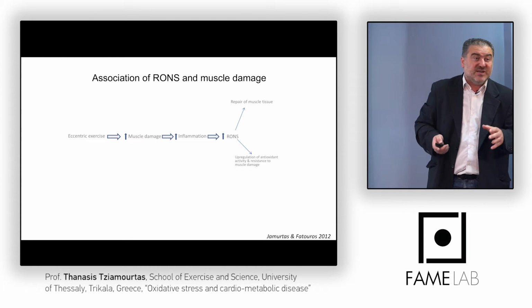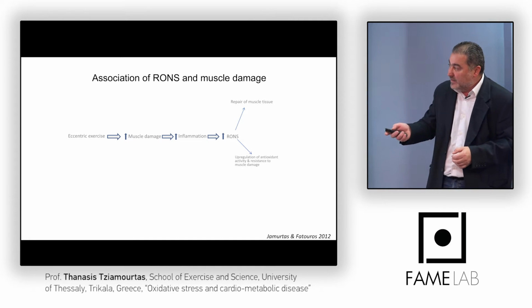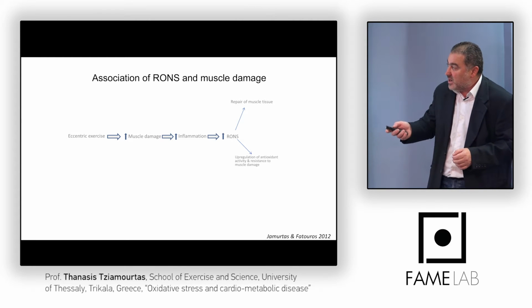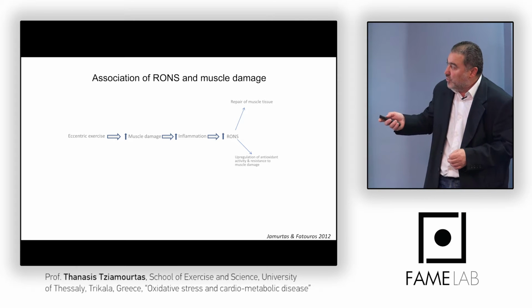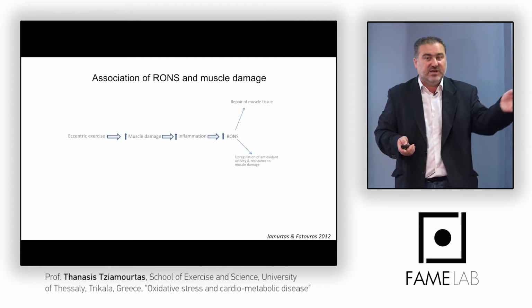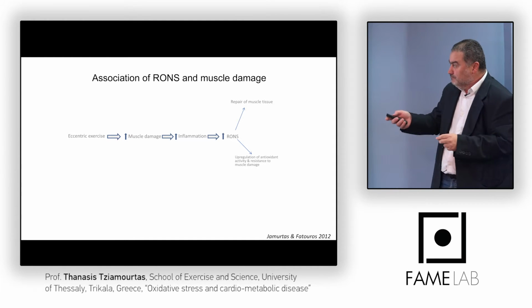So unaccustomed eccentric exercise can lead to increased muscle damage. Muscle damage is going to lead to increased inflammation. Inflammation is related to increased reactive oxygen and nitrogen species, as I said previously, that are going to cause two things.